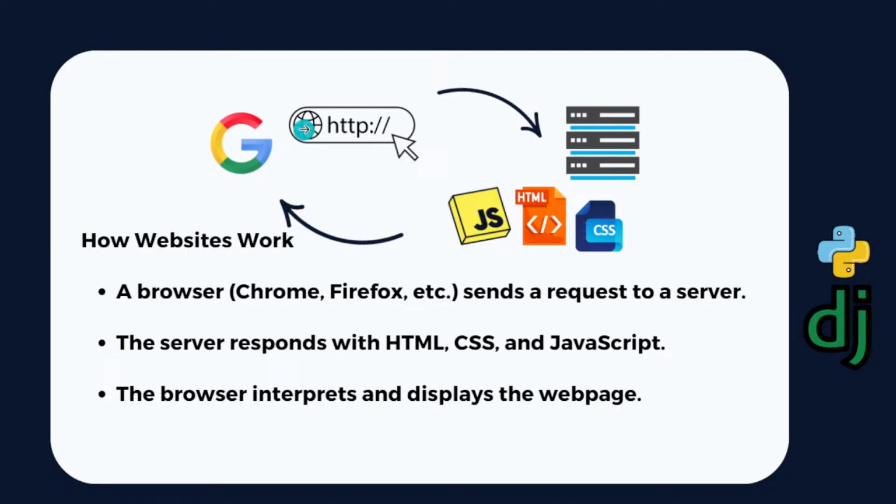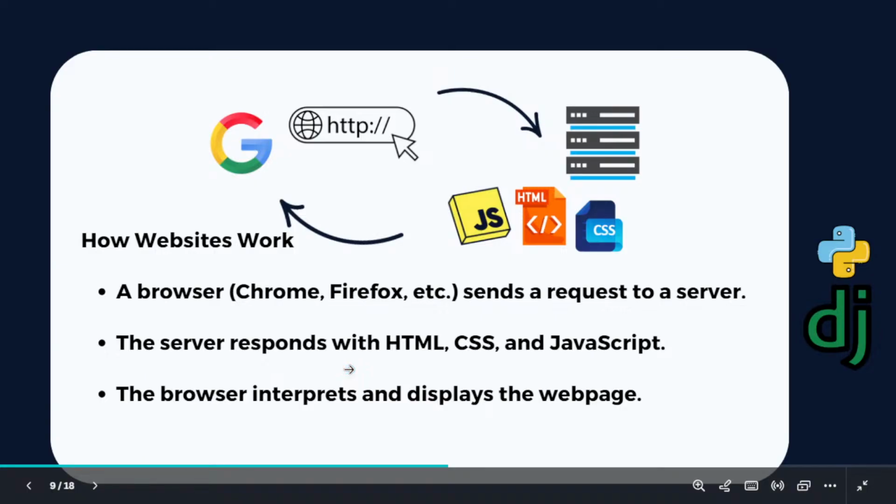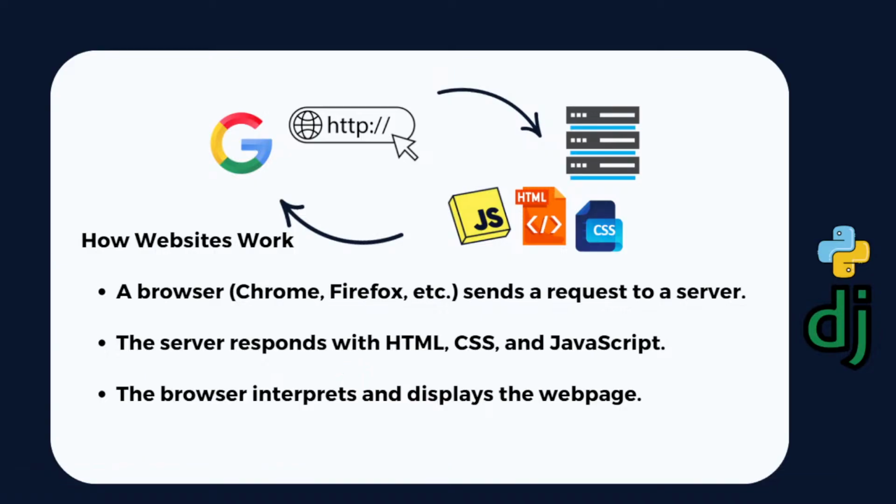Whenever we make a request, the server responds with files, like the HTML file, CSS file, and JavaScript file. These programming files are given to the browser, and the browser loads everything and shows it like a website, rendering everything in the proper website.